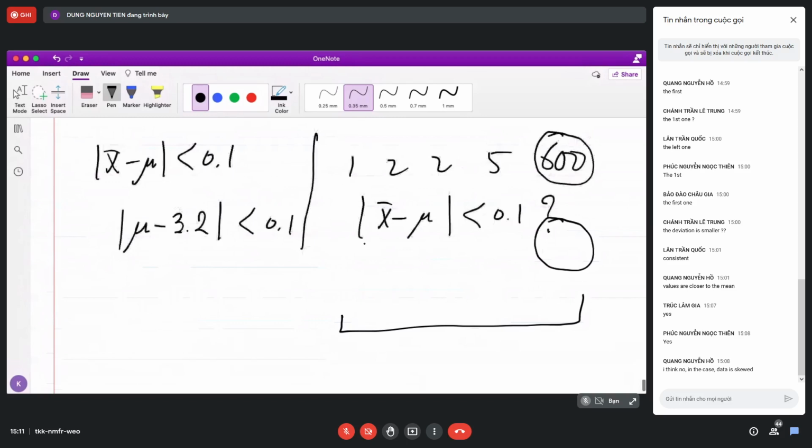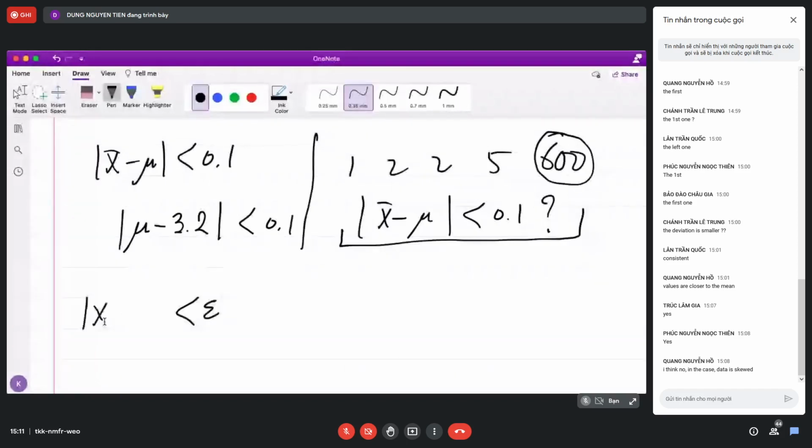So instead of determining epsilon such that the absolute value of x bar minus mu is always less than epsilon, I want to find epsilon such that x bar minus mu is less than epsilon with a very high chance.